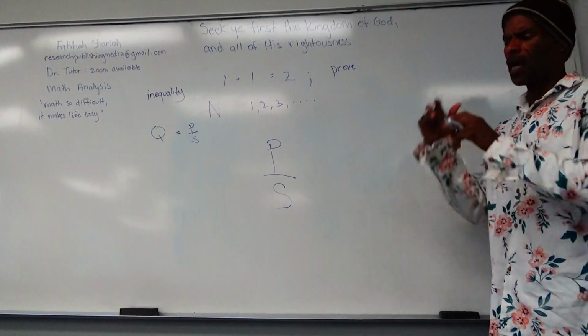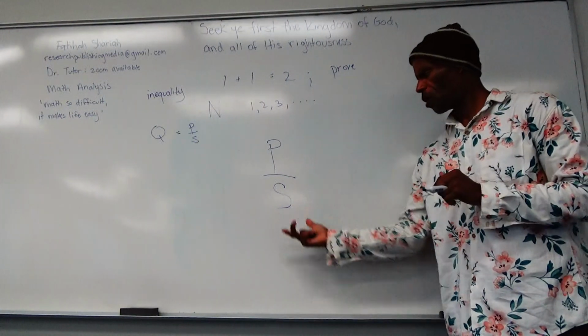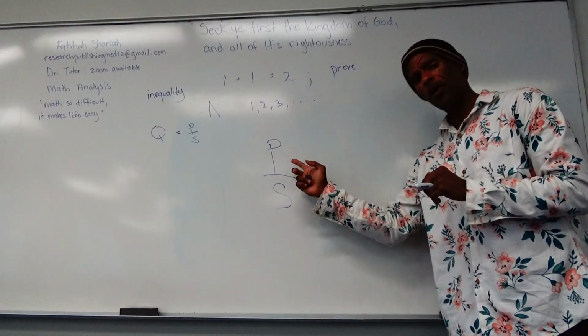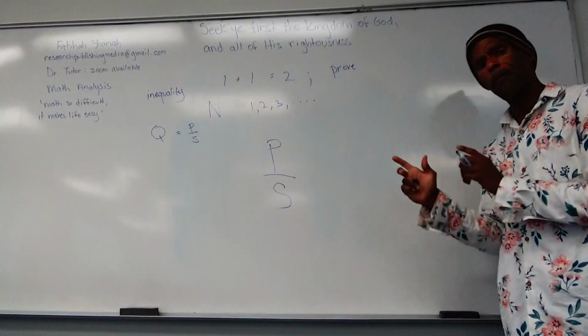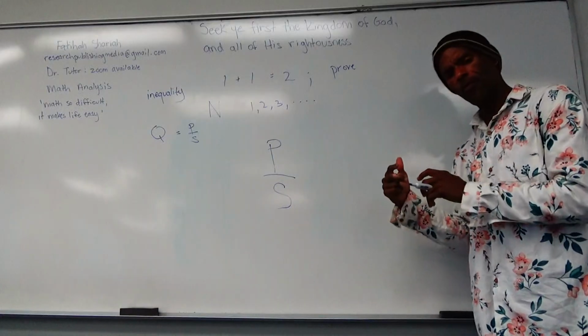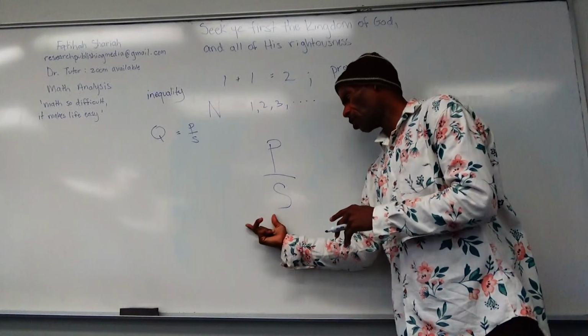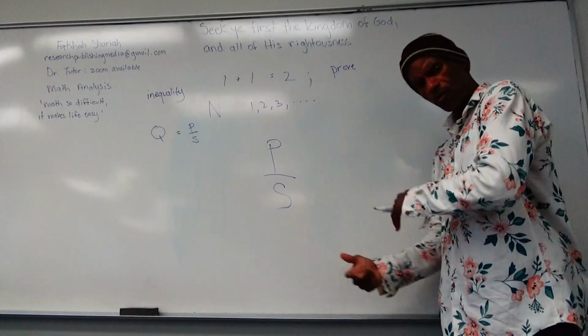P over S is an unknown number. P is a variable for the unknown numbers. S is a variable for the unknown numbers. So it's a separate type of thought, where it's more analysis and creating theory.